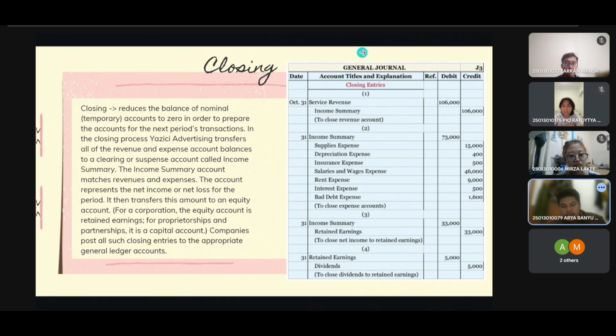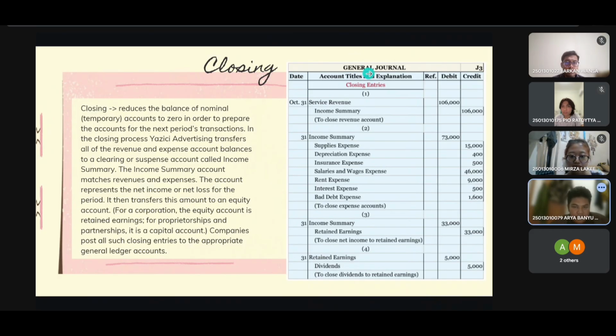So on the right, there is a picture with an example of closing entries. As you know, there's service revenue and there is also income statement. There is income statement and it is matched with their expenses. If they have revenue, their income statement is matched also, and their dividends.